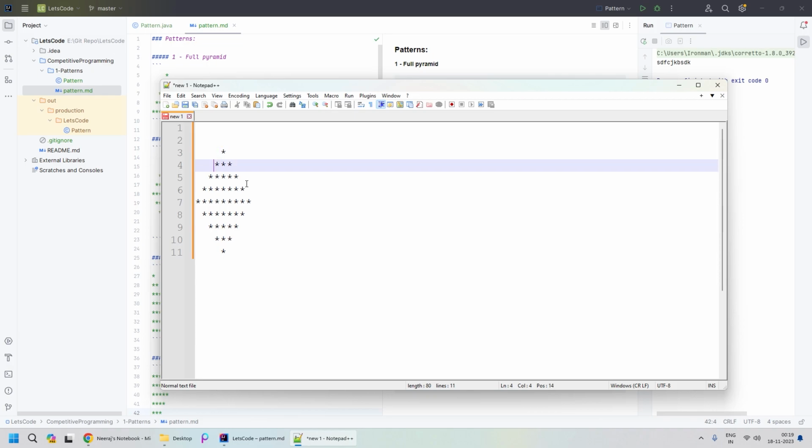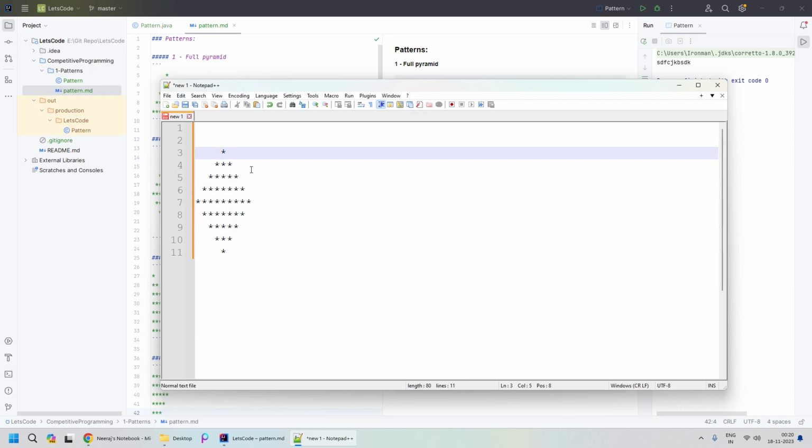Similarly, on the next line, we have to print some spaces and stars. If we keep on doing that, we will get our pattern printed properly. So now the question arises, how do we know how many spaces and stars to print? Let's check out the example.